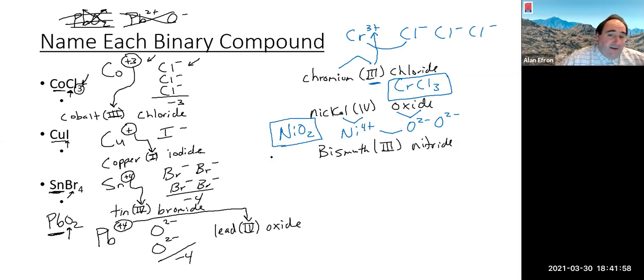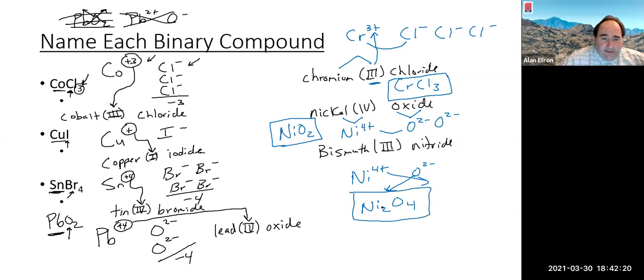Here, if you did the crossover move with the nickel and the oxygen and went boom and boom, and went, okay, Ni2O4, this would be incorrect. Although it is balanced, it is not the simplest way of doing that.